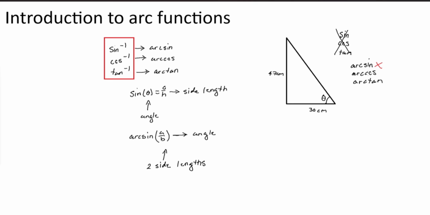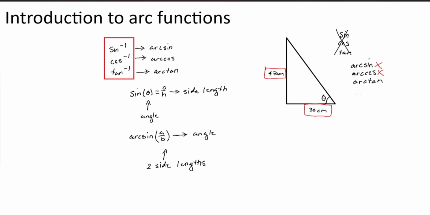Same with arc cosine. Arc cosine uses the hypotenuse, and we don't have anything about the hypotenuse, so we can't use that. So our best bet is to use arc tangent, because tangent involves the adjacent side, which we do have here, 30, and the opposite side, which we also have, 47.